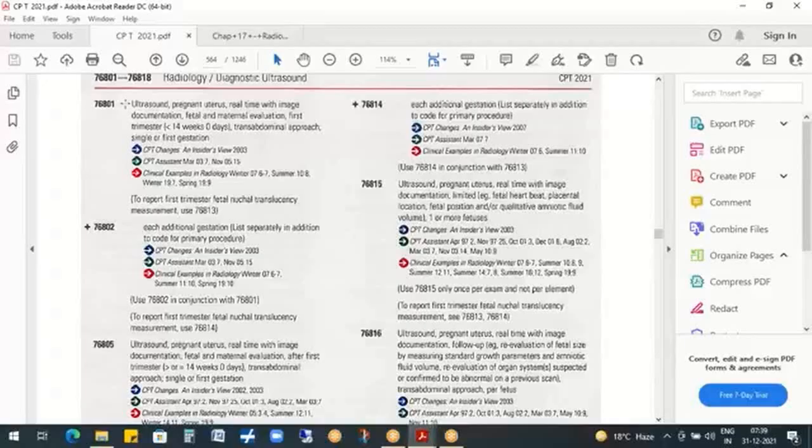Uranium, thorium, iridium, yes or no? Yes, sir. These are radioactive substances. Those substances will be made artificially to treat malignancy. Okay. Next point.